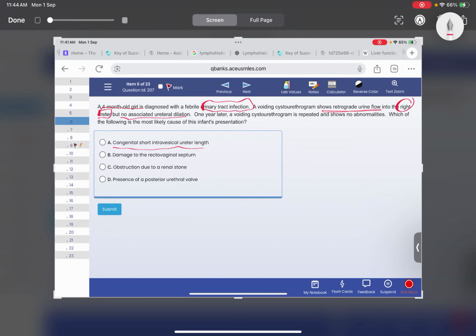We have diagnosed this as vesicoureteral reflux. Vesico means bladder, ureteral means ureter, and reflux means urine is going up. So, what's responsible for the backflow of the urine?